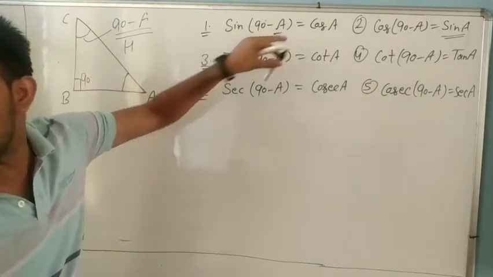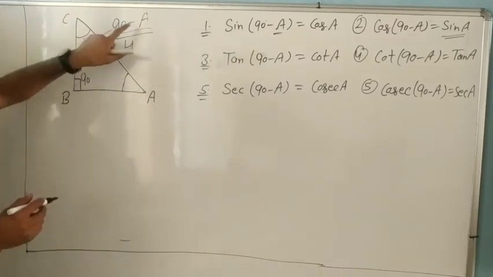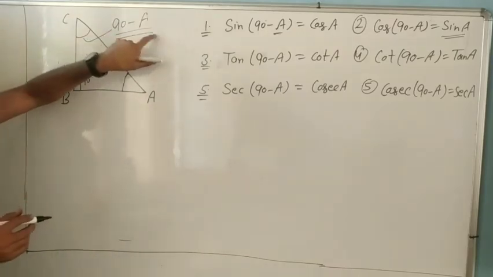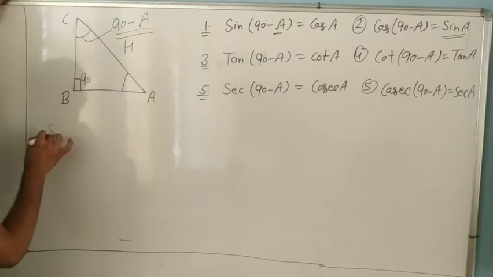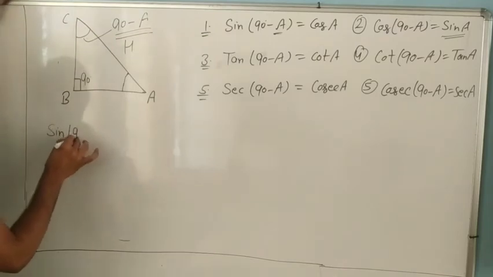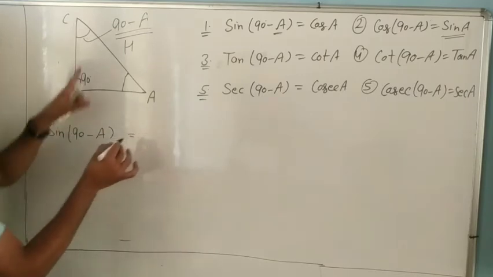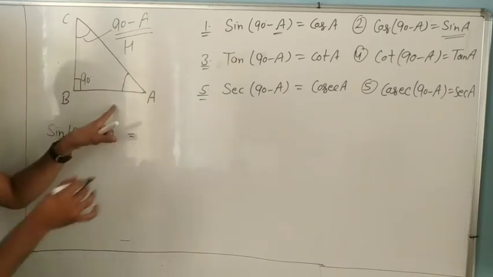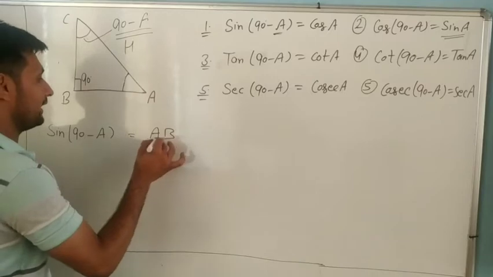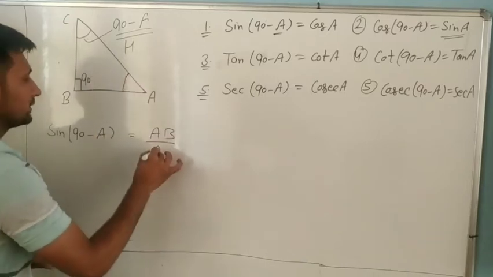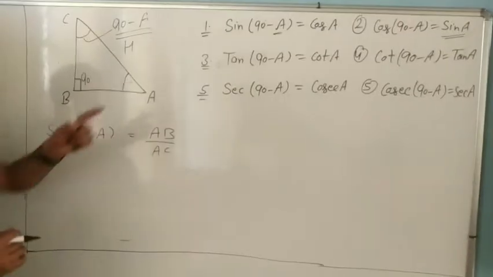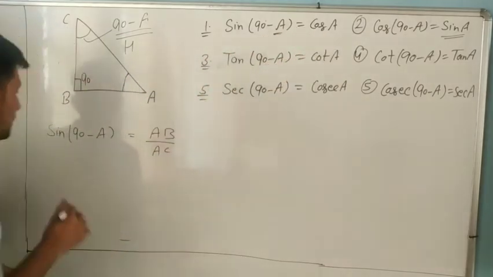Okay dear. Same as it is, dear. Sine (90 minus A). If you find this angle, how much is it? 90 minus A. So we will find sine (90 minus A). What is the angle? 90 minus A. Opposite of the angle? Perpendicular. It is AB by hypotenuse AC. Same as it is equal to cos A. We will check it.